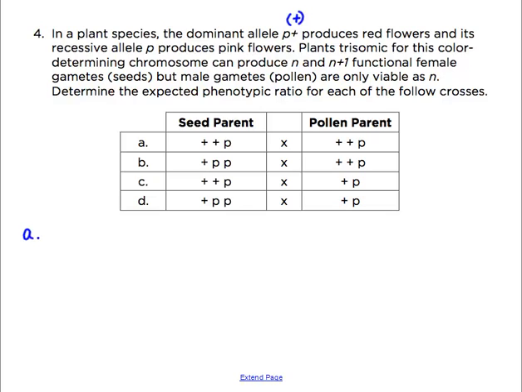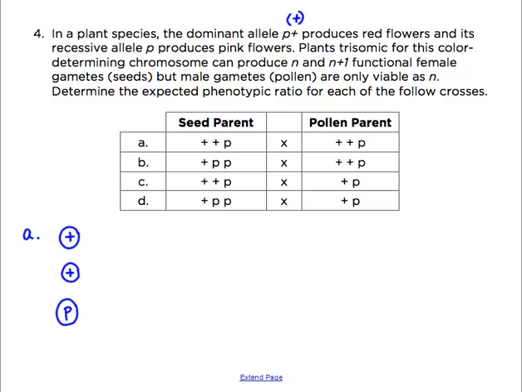The seed parent, as they tell you, can make viable gametes that are either N, which has only one chromosome, or N+1, which has two chromosomes for this color-determining chromosome. So let's look at the seed parent and what gametes they can make first. So obviously they can make gametes that have only N or one of these three chromosomes. So it could be a plus gamete, another plus gamete, and a P gamete.